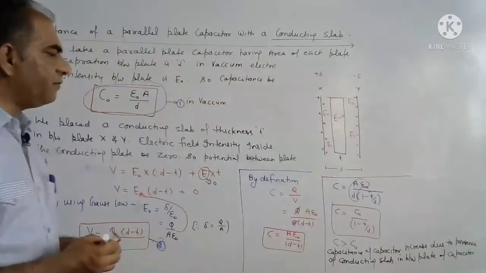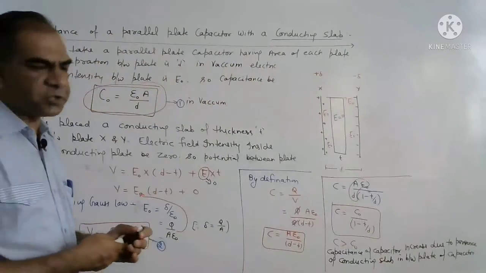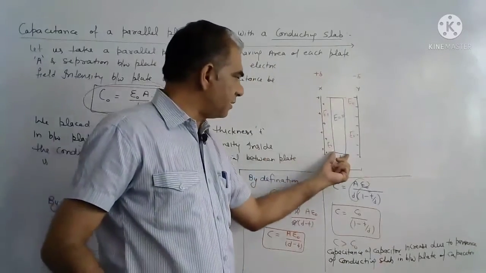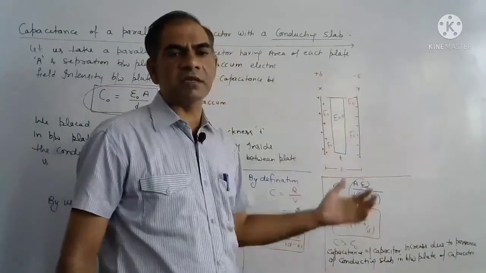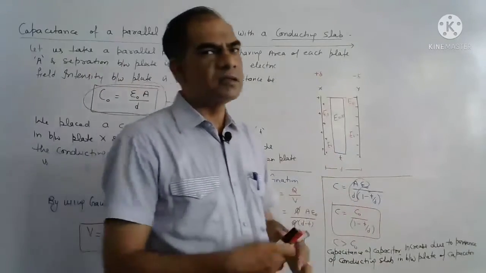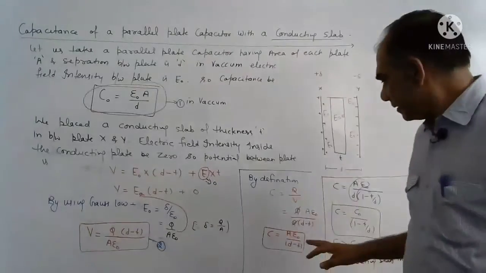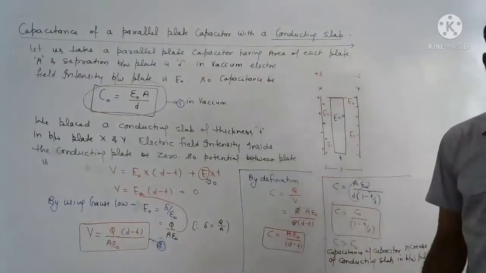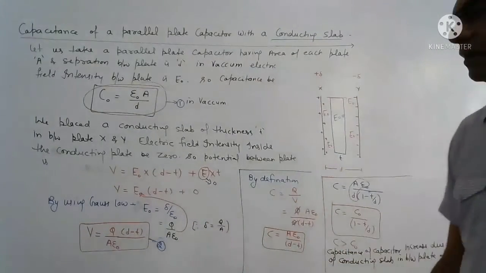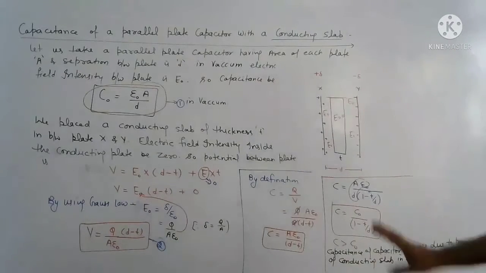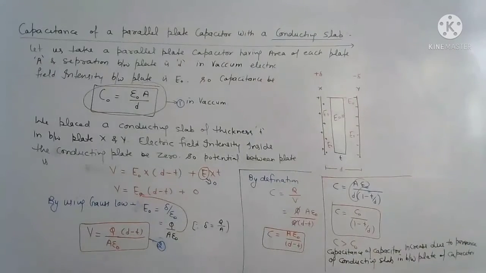So finally we can say that by introducing the conducting plate, capacitance ultimately rises. This is very important: C is greater than C naught. When we introduce the conducting slab in between these plates, its capacitance rises.